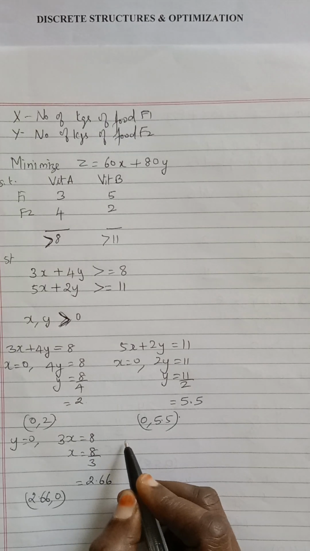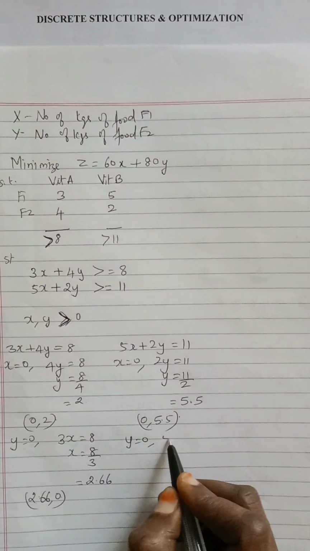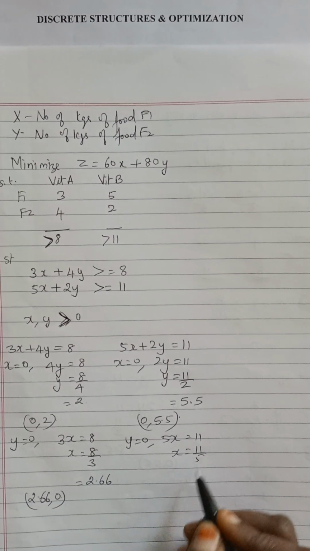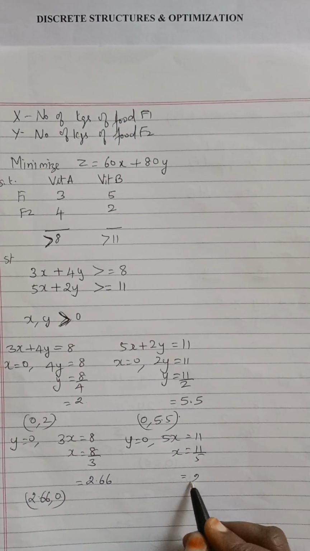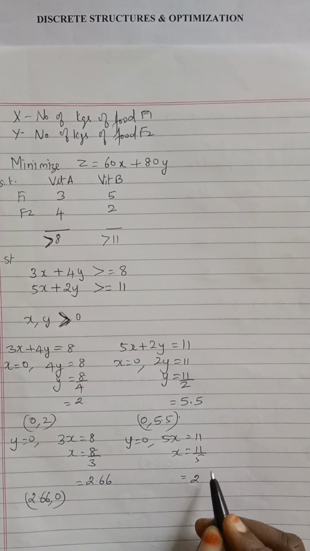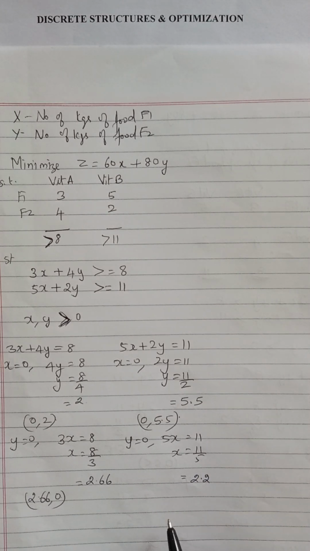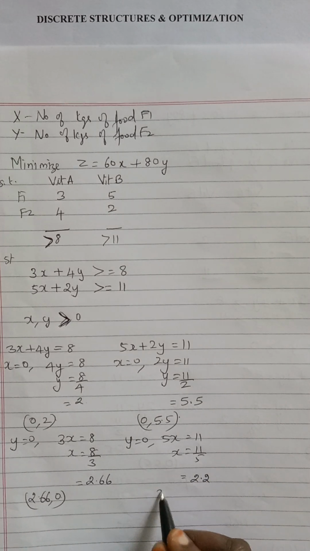Next put y equal to 0, then 5x equals 11, so x is 11 by 5, which is 2.2. Hence the point will be (2.2, 0). So we have found the points.